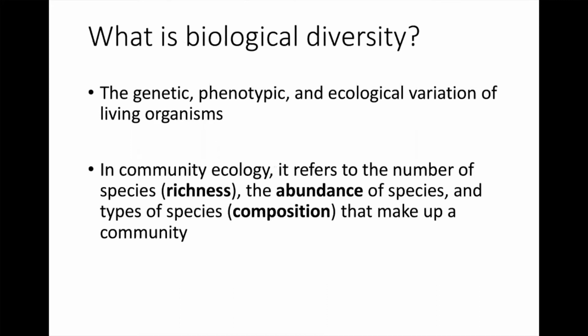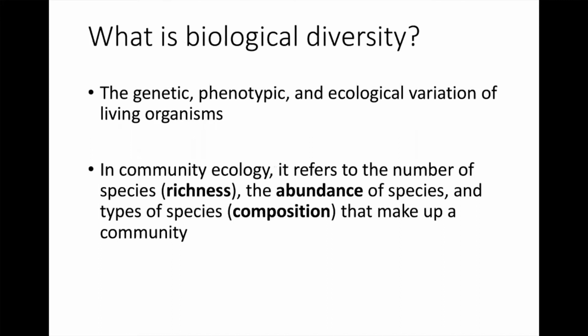Well, what I want to say about this is a little more than what's on the slide here. The way we use biological diversity is kind of context dependent. So if you look up, say, the UN's definition, you'll get something pretty close to this. The total variation of all organisms, right? So the genetic, phenotypic, ecological, or maybe community is better here, community variation of all living organisms.